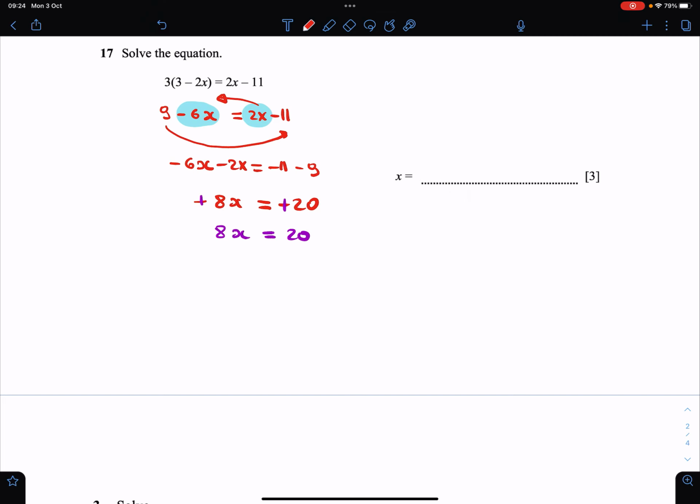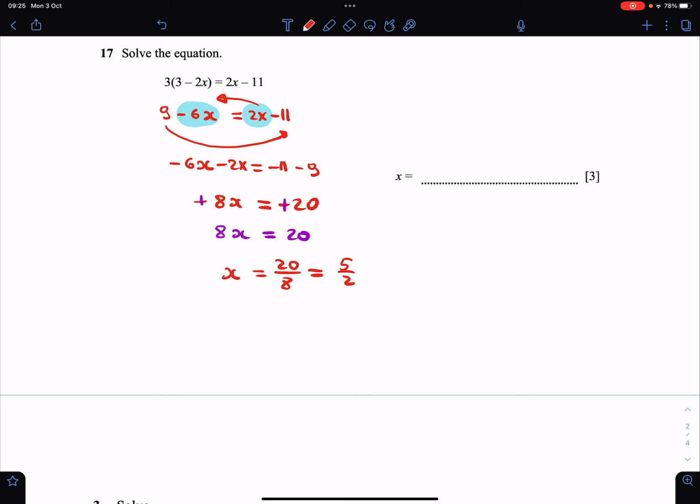Okay? So to find out the answer, I need to write down 20 divided by 8. Since we are grade 8, we can use fraction to divide numbers, right? I need to simplify it also. 20 divided by 8 is 10 over 4 or 5 over 2, because I can simplify both by 4, right?